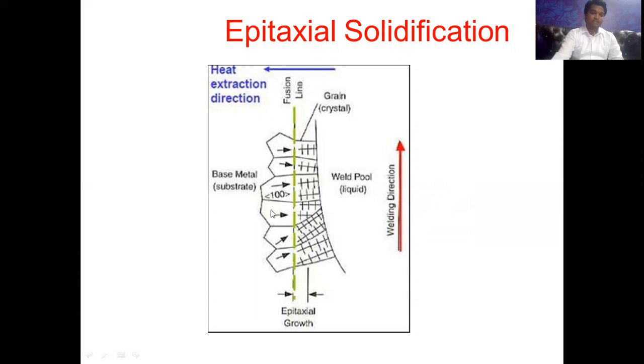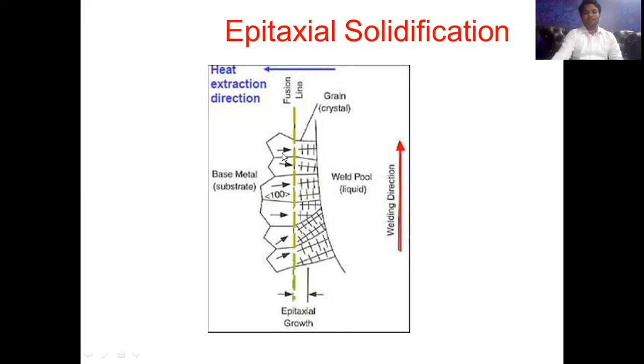This base metal grain structure is serving as a nucleus for the growth of the other grains. So this growth of the grains, which started from the base metal grains, which are acting as the sites for the nucleus grain growth, is called the epitaxial growth.